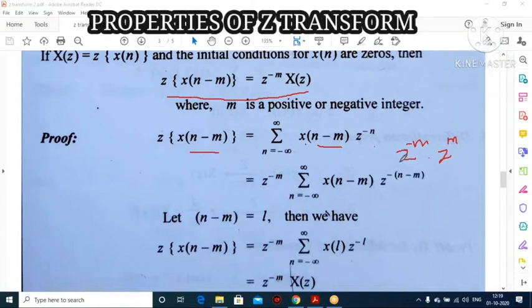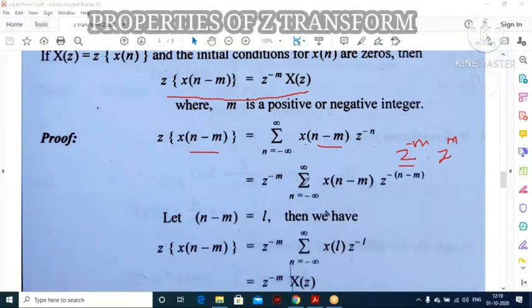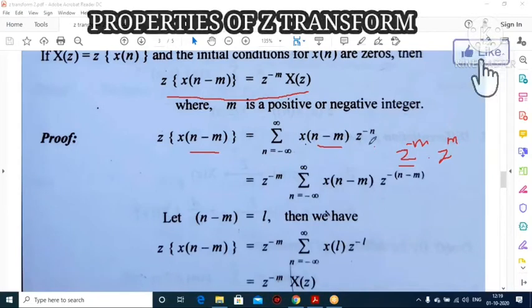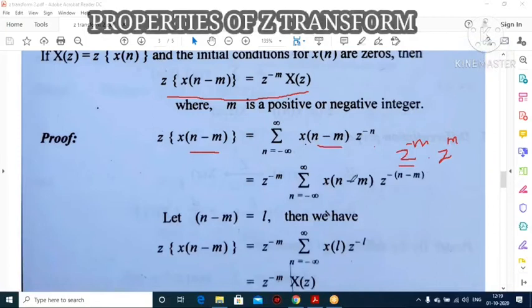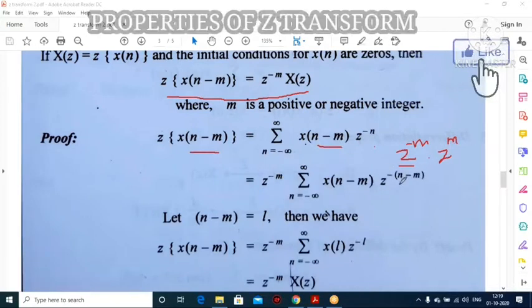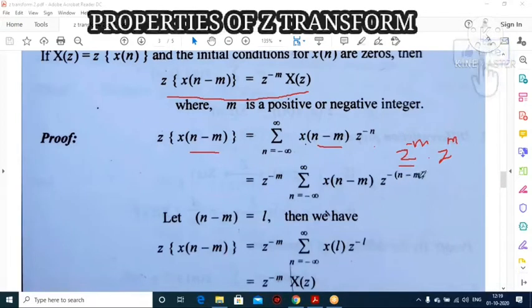Now I bring z power minus m outside of the summation, and I keep z power plus m inside the summation. So we have summation n equal to minus infinity to infinity x of n minus m, z to the power of minus n and z to the power of plus m. Now I club this power term: z power minus of n minus m.